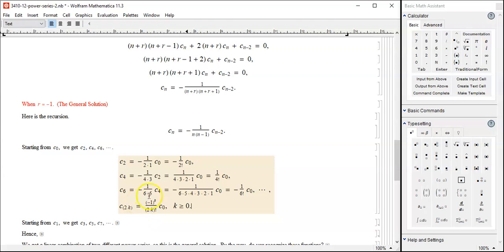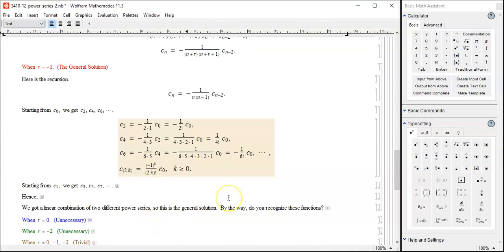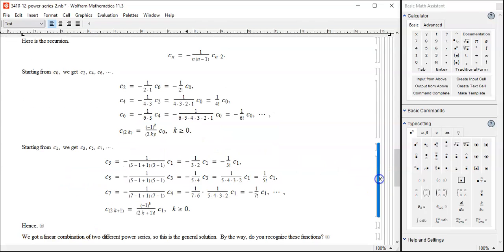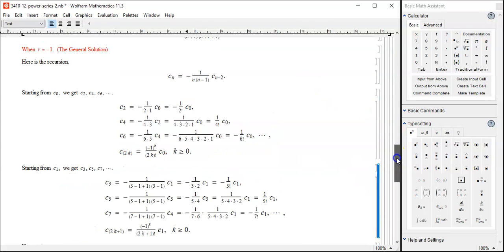Haven't you seen this before? It's deceptively similar to something. Alternating power, and then even number factorial. How about the odd number case? It's the same deal, but C3 will be determined by C1 and so on.